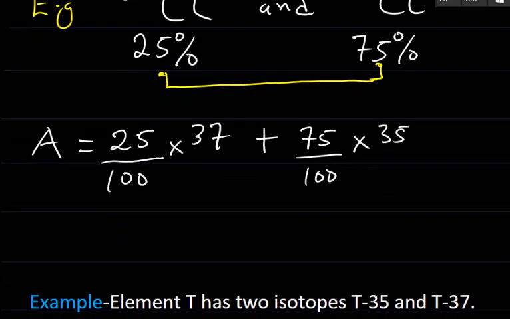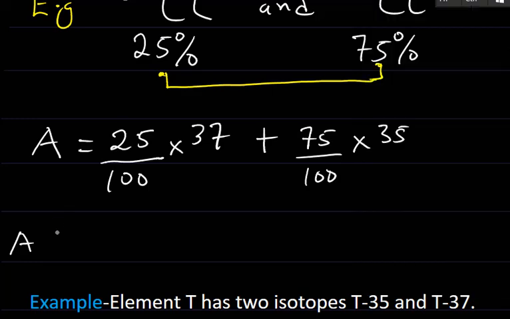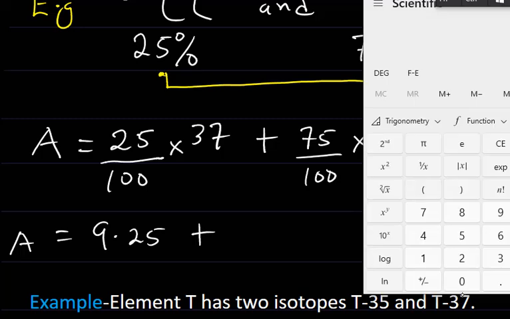So let's get the actual value. Using the calculator, I have 25 times 37, divided by 100. That is given as 9.25. Then plus, let's look at this one right here, 75 times 35.